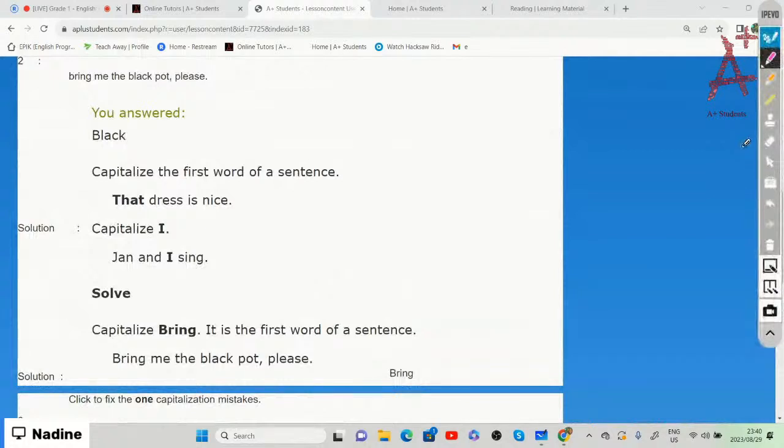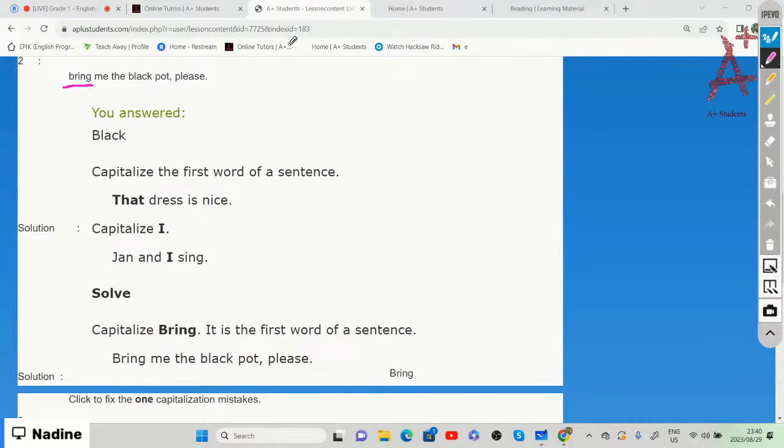We need to identify the capitalization mistake. "Bring me the black pot, please." If we were to identify the capitalization mistake, then we will identify the first letter of the sentence.